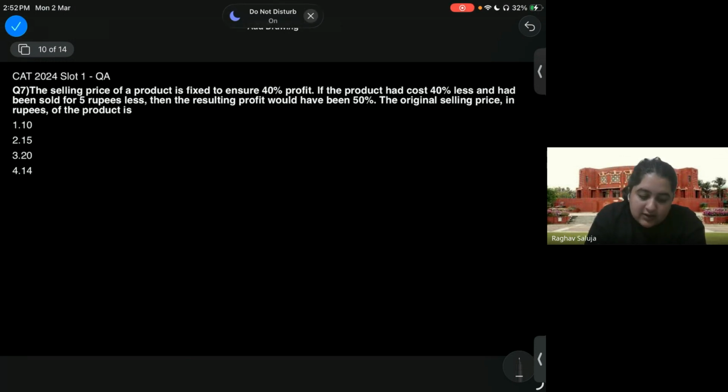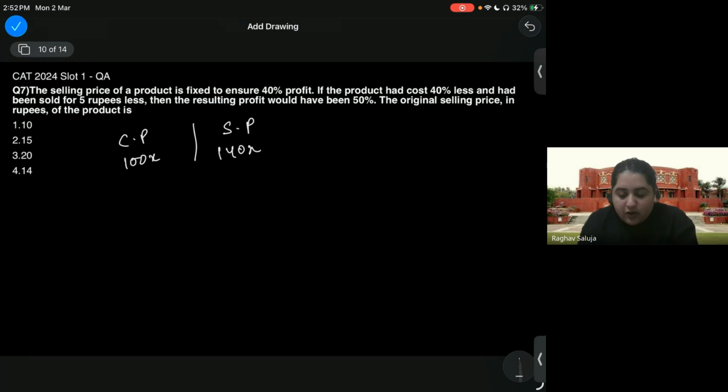So if we assume the initial cost price to be 100x, then our selling price is going to be 140x, because that is our profit percentage.